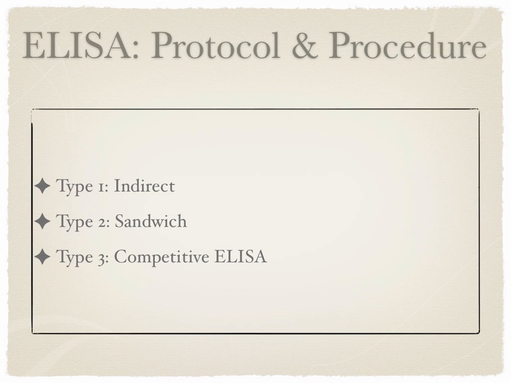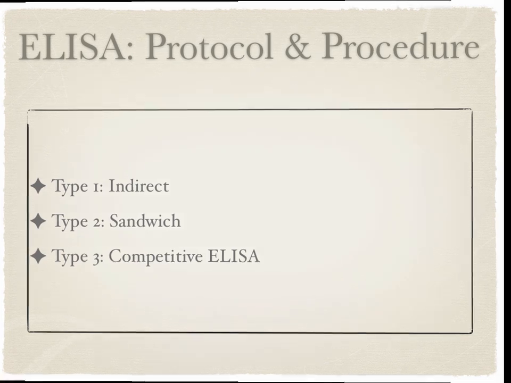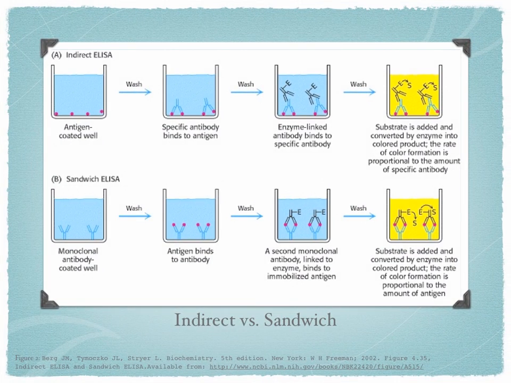There are at least 3 types of ELISA: indirect, sandwich, and competitive ELISA. Follow along with me on the top row of the chart, which explains indirect ELISA. Indirect ELISA coats a specific antigen in a well. It is washed, a serum sample is added, and then the antibody in that sample can bind to the antigen on the well.